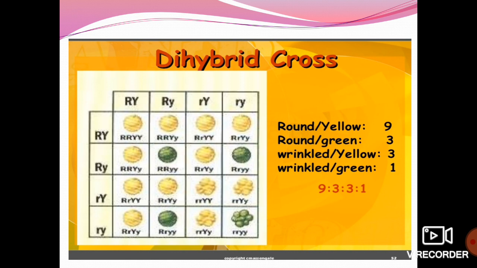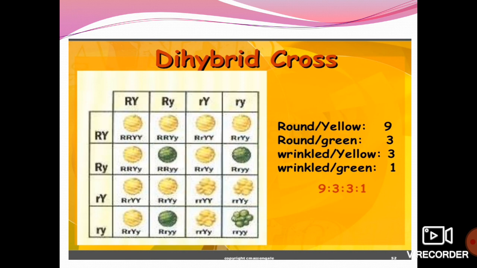But when two such F1s were crossed, a wonderful thing happened. 16 offspring are tabulated from the Punnett square, and we see that 9 of the individuals formed are parental type, round yellow. Another one individual is parental type, which is green wrinkled.